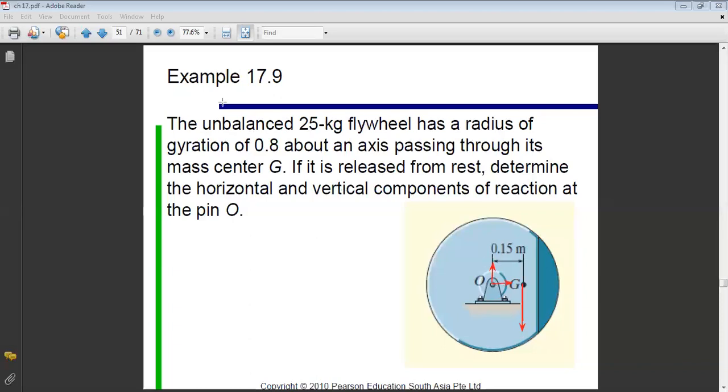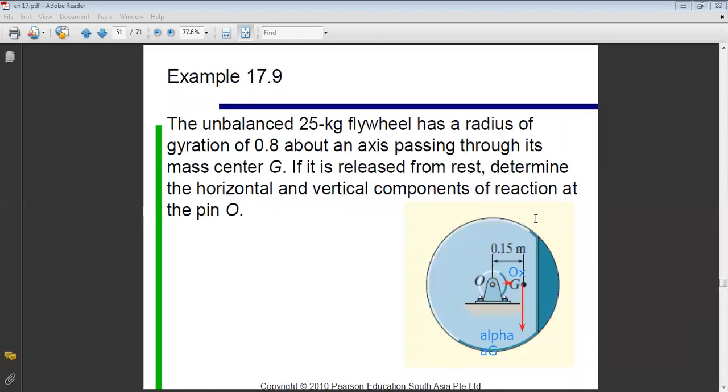So our unknowns are, we have as unknown OY, the vertical reaction. We have OX, and we have the acceleration alpha. So alpha is unknown, and of course AG is unknown. Okay, but always when you have a rotation about a fixed point, you can always relate AG and alpha.